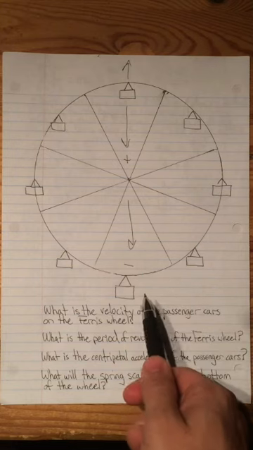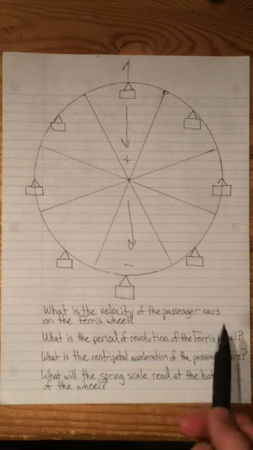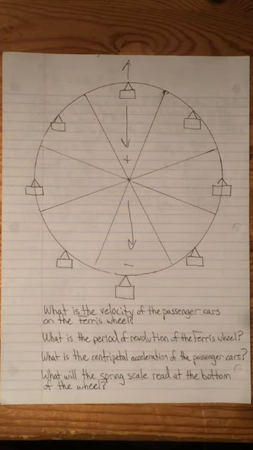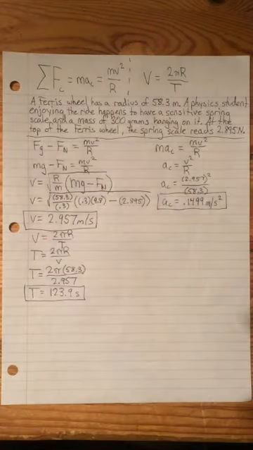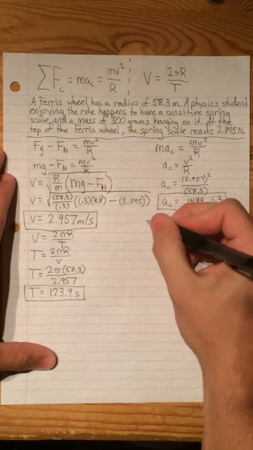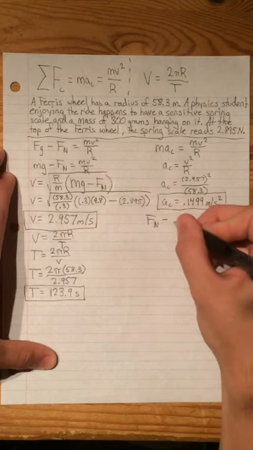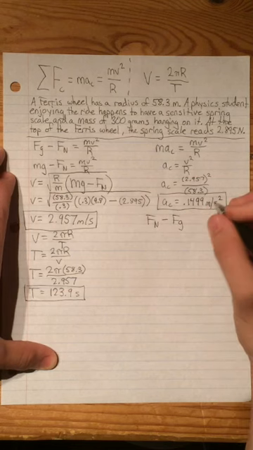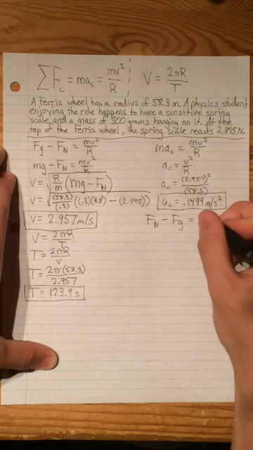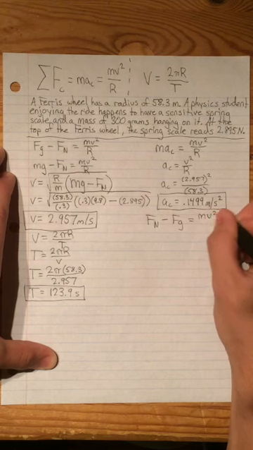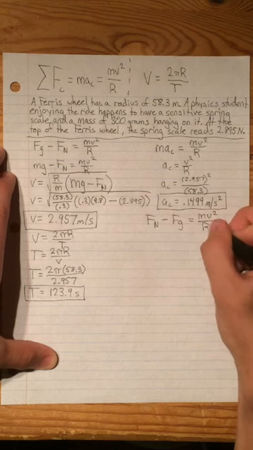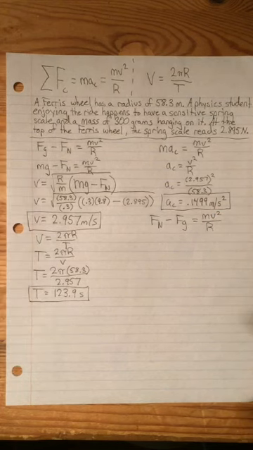So our force of gravity is going to be negative this time, while our normal force will be positive. And if we were to write that out, it would look like this. Normal force minus our force of gravity is equal to mass times velocity squared over the radius. And that's our force equation for the bottom of the wheel.